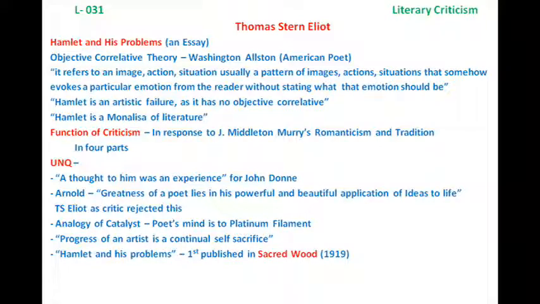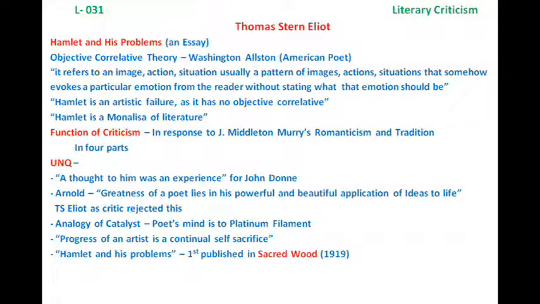In part 2, T.S. Eliot is giving his response to Murray. I told you that he is responding to Murray's opinion, which he gave in Romanticism and Tradition. So what was Murray's view?